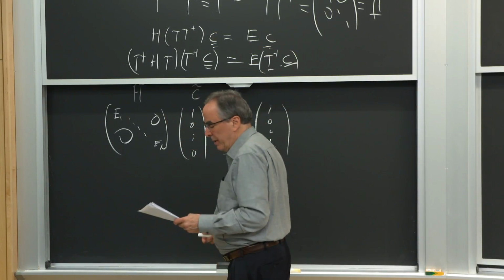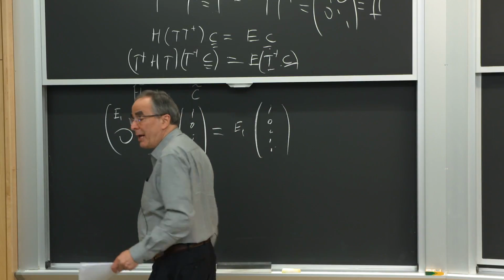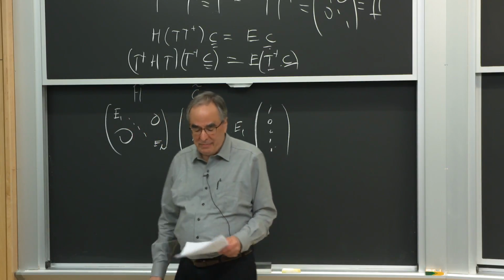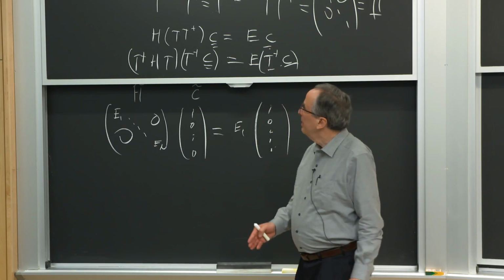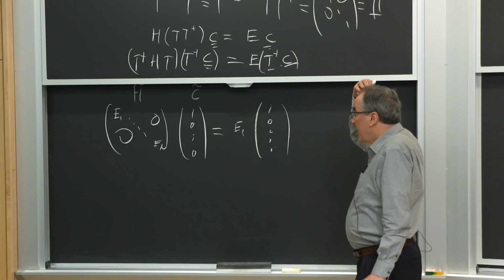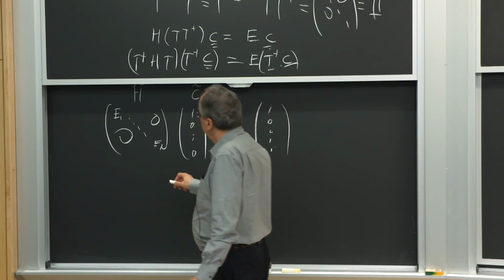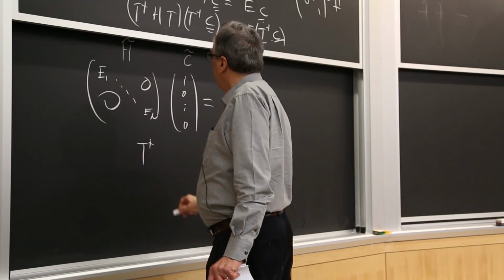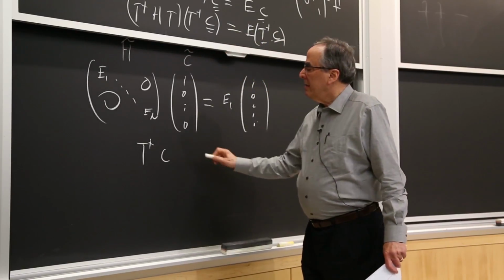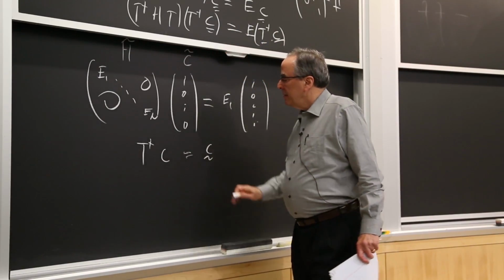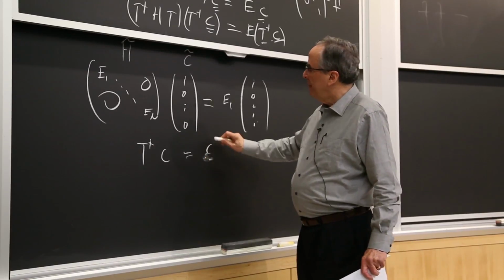Okay, and so it's possible to show, and I don't want to do it, I did it last time. You can show, and this is important, that this transformation, T dagger C equals C tilde.